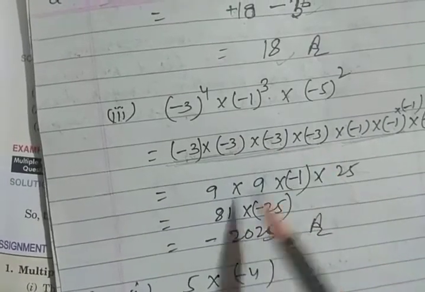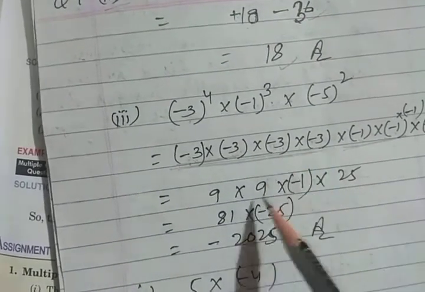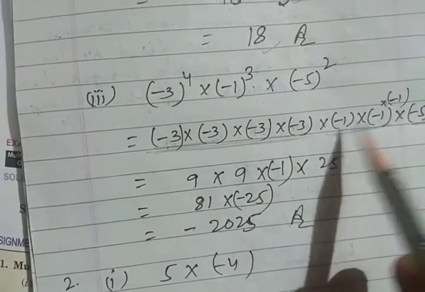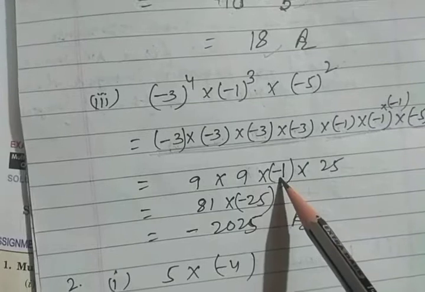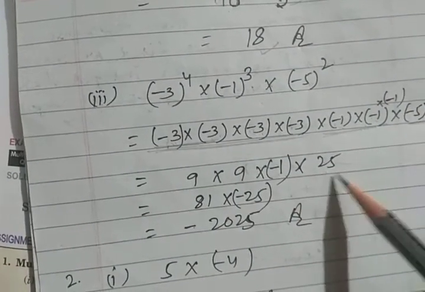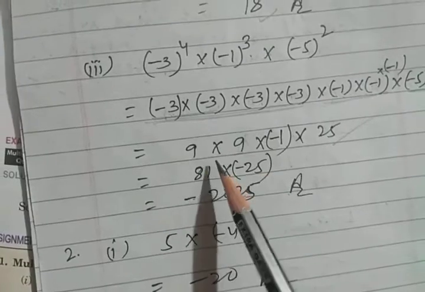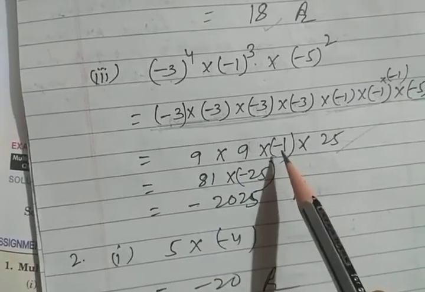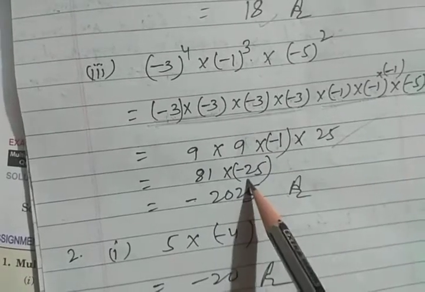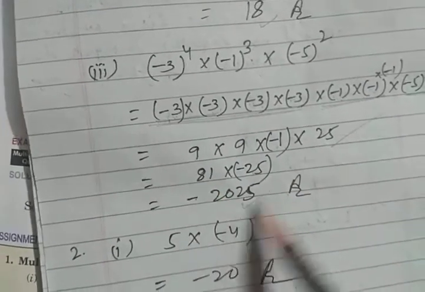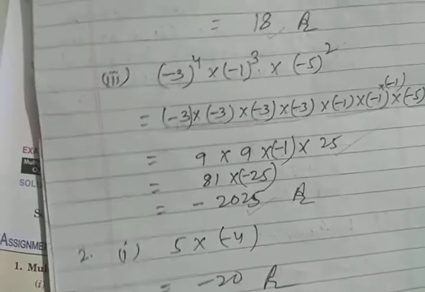Second, minus minus plus, 3 threes are 9. Then minus minus plus, plus minus minus 1, and minus minus plus, 5 fives are 25. So 9 nines are 81. Multiply minus 1 into 25 we get minus 25, and minus 25 into 81 we get minus 2025.